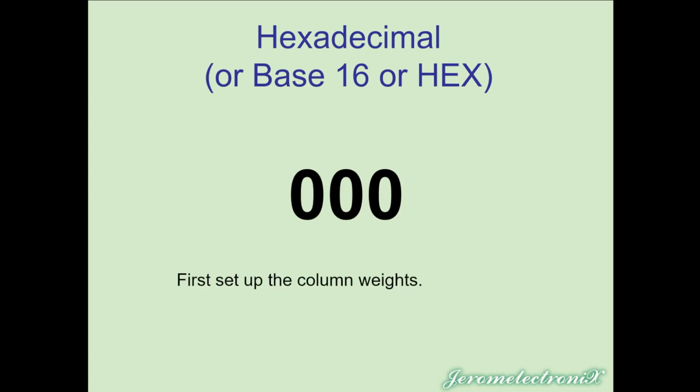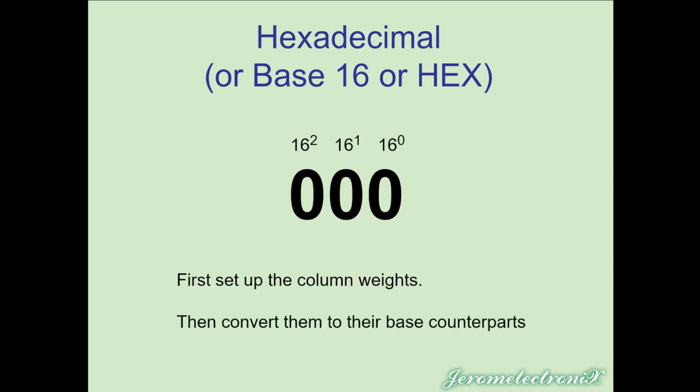We can use more. First, we're going to set up the column weights. We do this in every number system, as we mentioned last time. So this is base 16, which means we're going to be using 16 different symbols. To make the column weights, we're going to give each of these 16s an exponent. The first one is a 0, the second is a 1, and the third is a 2.